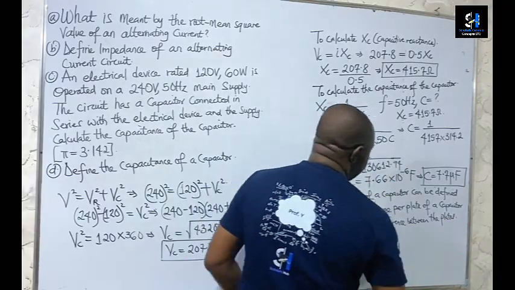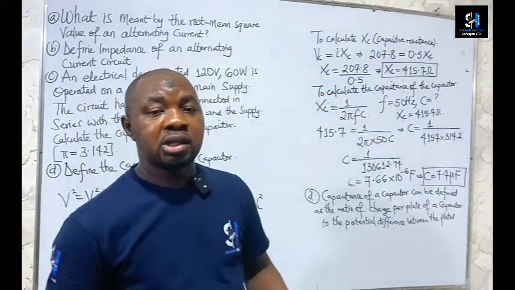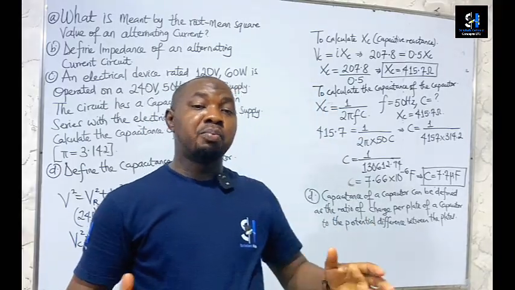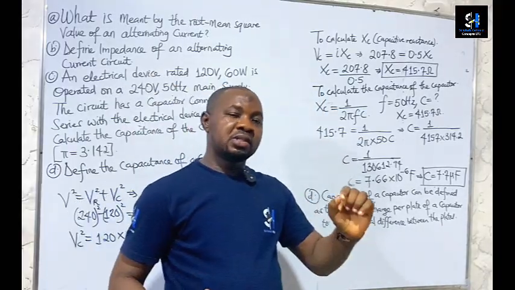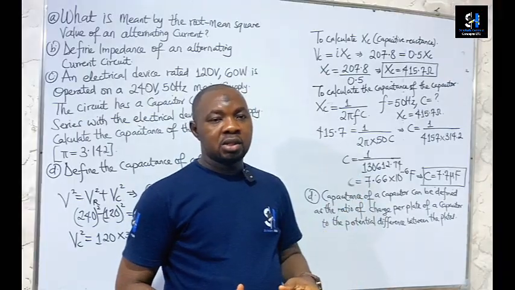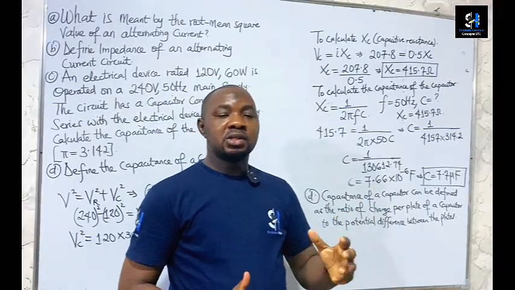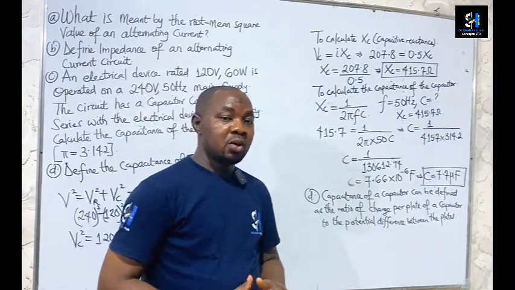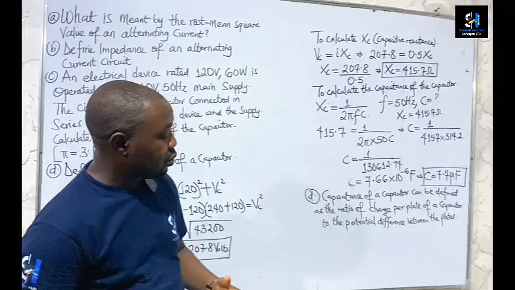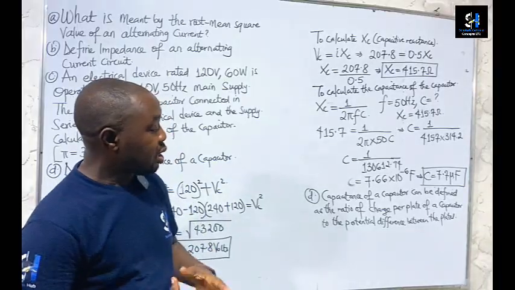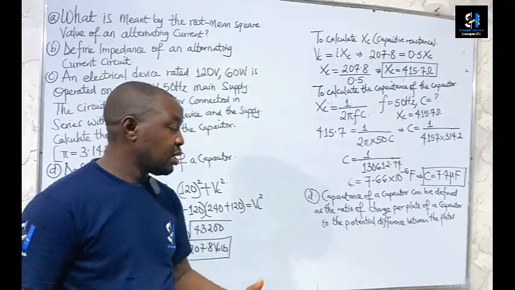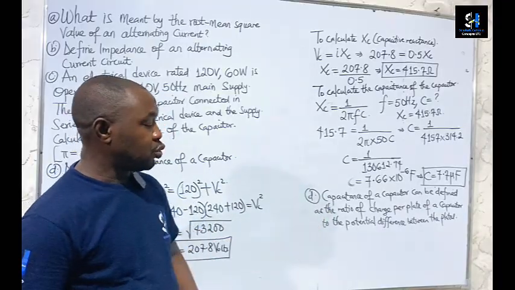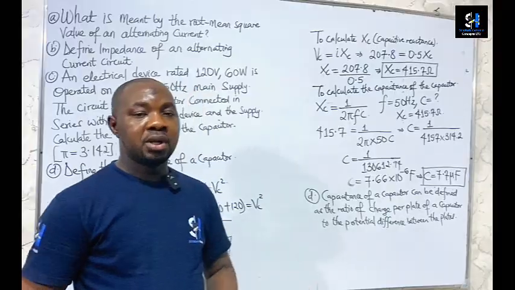That is the plate of the what? Capacitor. We all know that a capacitor consists of two oppositely charged parallel plates. That is, one plate carries positive charge while the other plate carries negative charge. So the capacitance of a capacitor can be defined as the ratio of charge per plate of a capacitor to the potential difference between the plates.